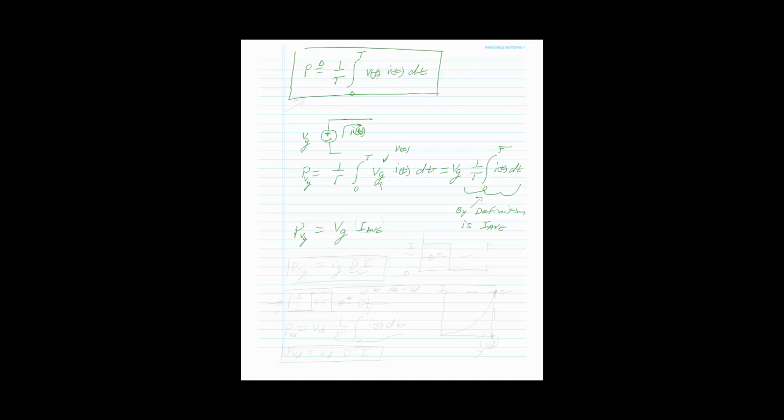Whatever the waveform looks like, if it looks like this during the on time, DTs, and then goes to 0, I just look at the average current and pop it in here. Then the power supplied by the source would be VG times the average value that I see.